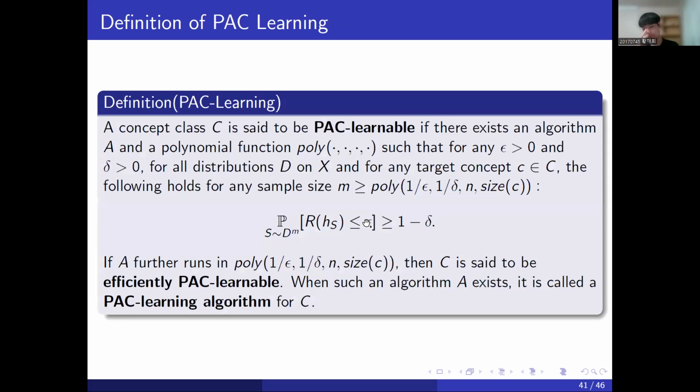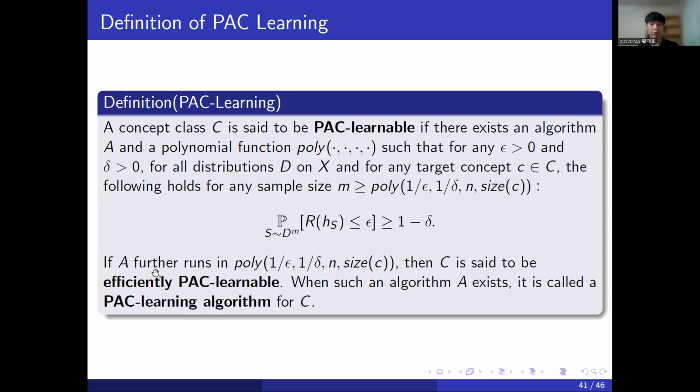Now recall the definition of PAC learnability. Now I explain this one more time. Concept class C is said to be PAC learnable if there exists an algorithm A and a polynomial function such that for any positive epsilon and positive delta, for all distributions over X, and for any target concept c in C, the following holds for any sample size m which is greater than or equal to this polynomial of these arguments, which satisfies this condition.